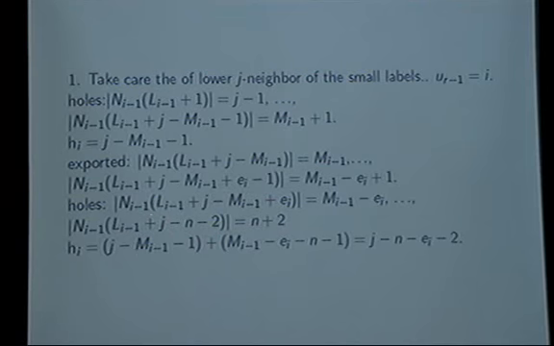So then your number of holes looks like this upper one and that one. And if you consider this one, this is from n+2 to j-1. So the size is totally j-n-2. That's j-a. And here you just subtracted your exported ones.